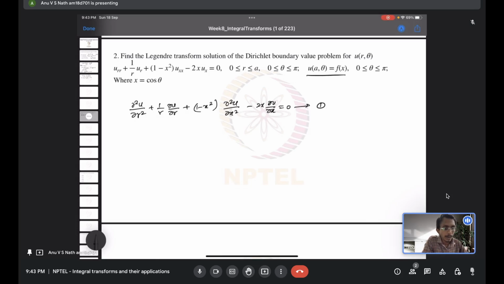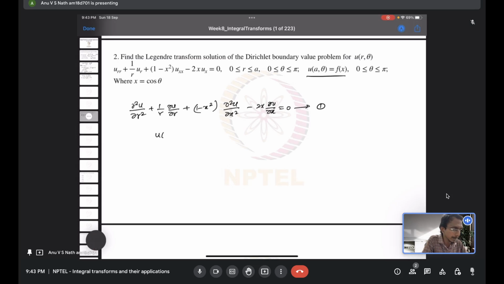Now we have to use a Legendre transform, right? So we have to take the Legendre transform where u is actually a function of r and theta, which is equivalently a function of r and x also, because theta is a function of x. We are going to take the transform in x, and then we will write it as u tilde of r. So the Legendre transform will take the variable x to n.